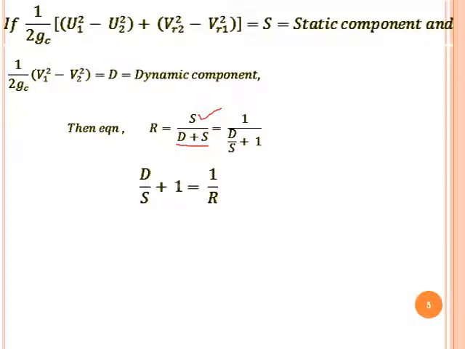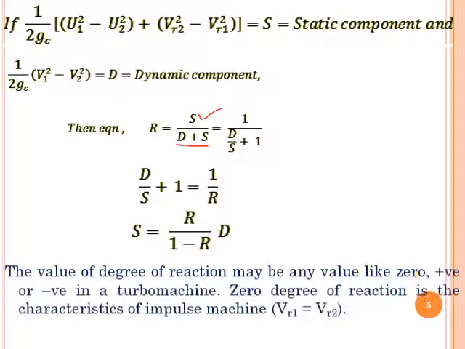Rearranging, D by S plus 1 is equal to 1 by R. After simplifying, the static component S is equal to R times D divided by (1 minus R).